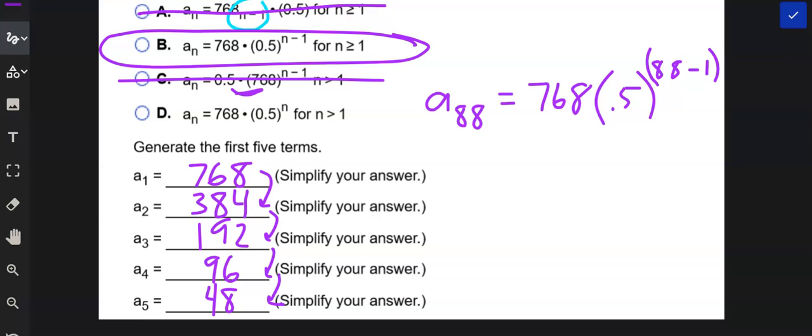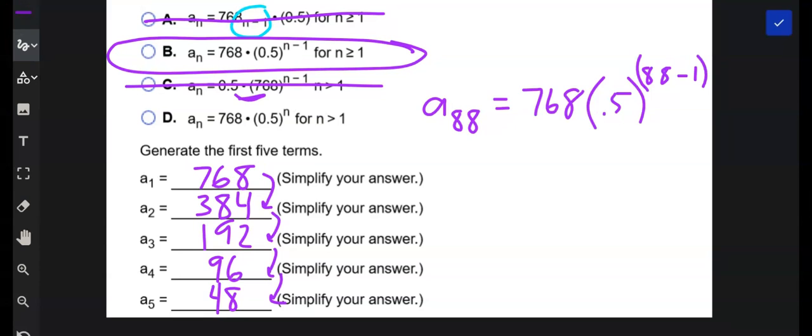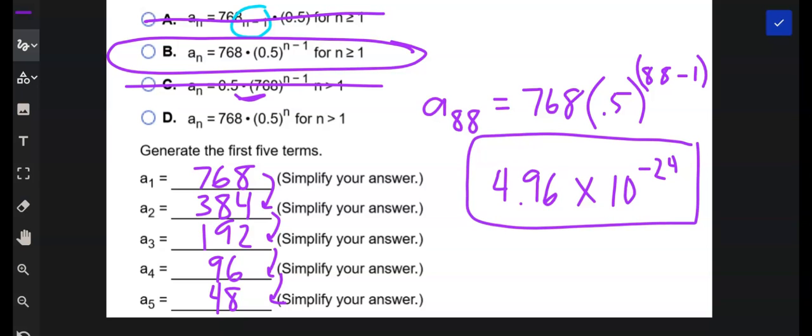So yes, we did get something with scientific notation. I was looking for you to come up with something like 4.96 times 10 to the negative 24th power. Pretty small number.